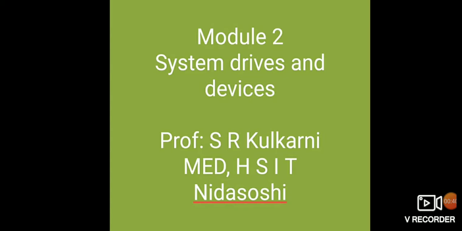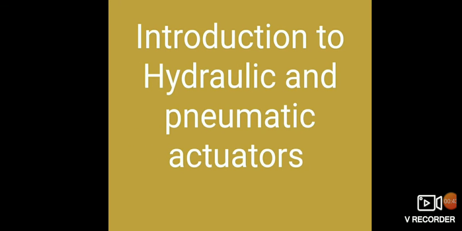Now, hydraulic systems are used to control and transmit power. A pump driven by a prime mover such as an electric motor creates a flow of fluid in which the pressure, direction and rate of flow are controlled by valves.